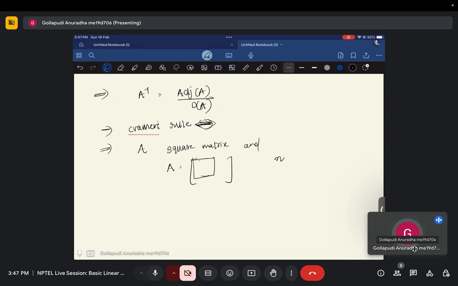For example, if it is a 3 by 3 matrix, you see all the 2 by 2 submatrix combinations, and if any one of the 2 by 2 matrices has determinant not 0, then the rank of A will be 2. So these are all the points that were discussed.